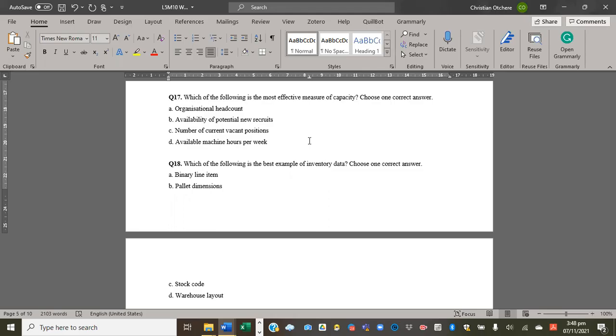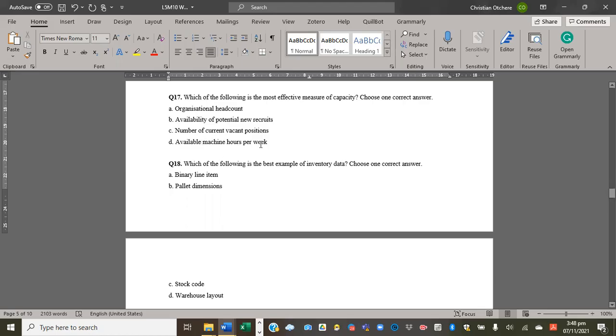Available machine hours per week. Yes, that measures capacity accurately. So you said most effective measure of capacity. So they give organizational headcount, availability of potential new recruits, number of current vacant positions, to confuse you.